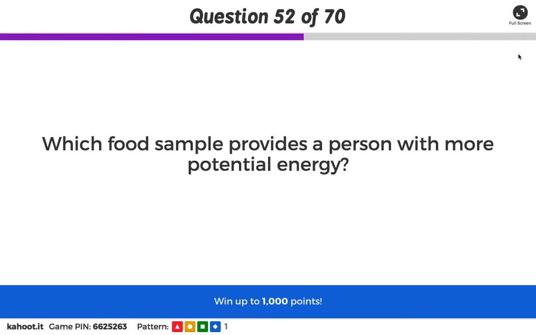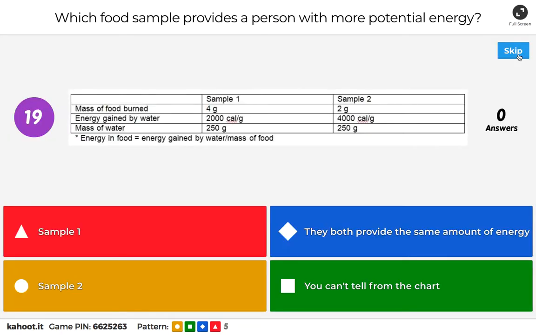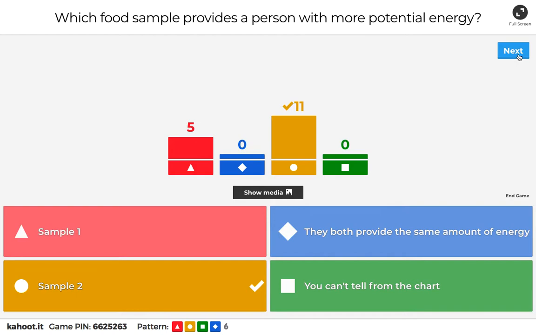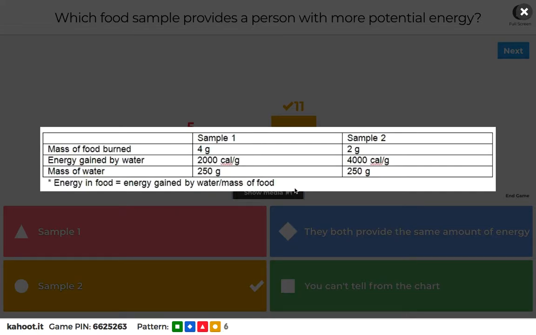Oh, food sample question. Why is it sample 2?